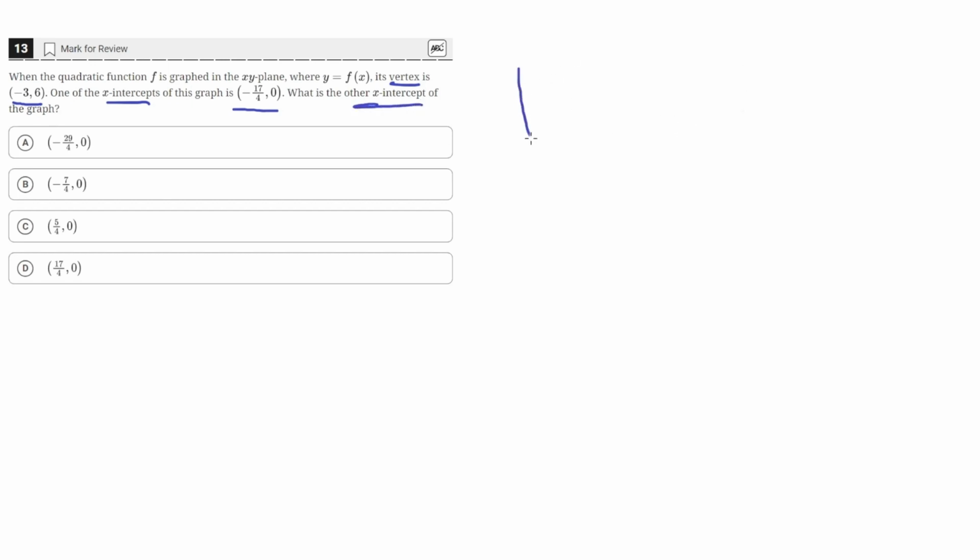So we have a parabola, the graph of the quadratic f of x, and its vertex down here is -3, 6. One of its x-intercepts is this coordinate here, the -17/4, 0. And the other x-intercept is what we have to find.